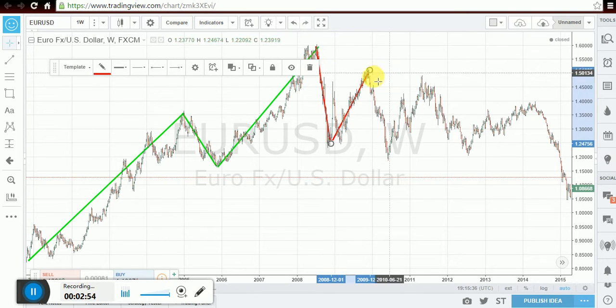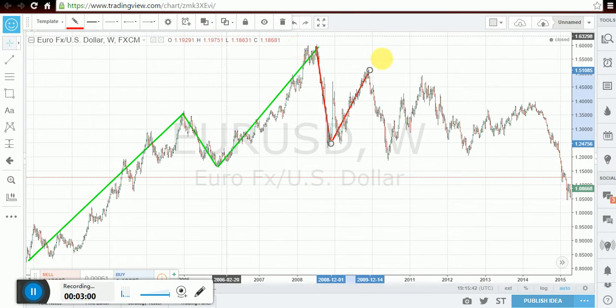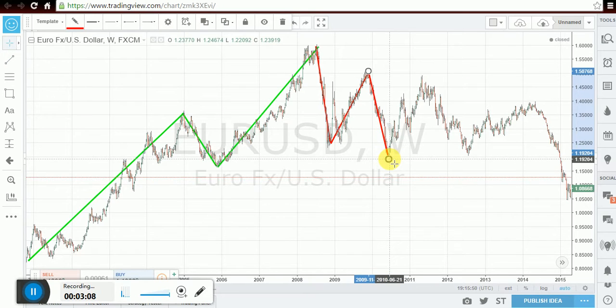Had we created a new structure high, then you could say this market is bullish, but we didn't do that. We came back down into that point, and then we created a new structure low, even though we still haven't broken this previous outside return.